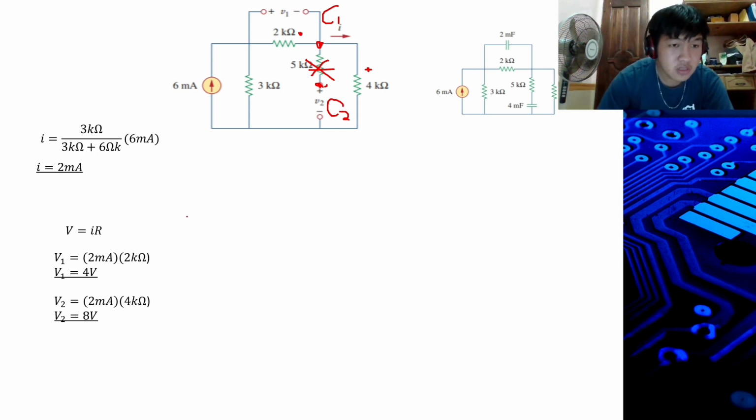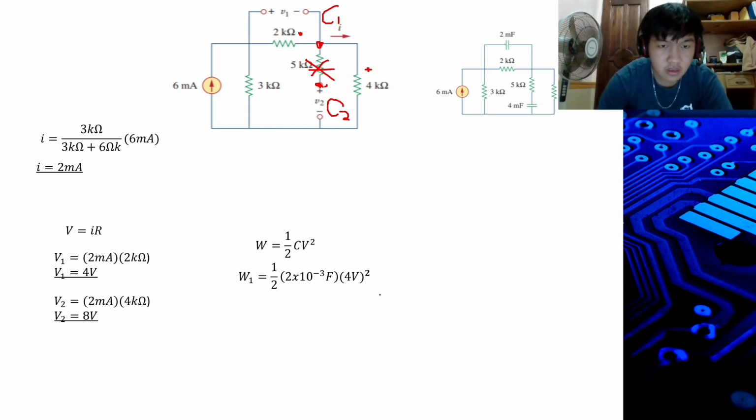Since we now have the capacitance and the voltage across each capacitor, we can use the energy formula. For C1, we get one half of 2 times 10 raised to negative 3 farads times 4 squared, and calculating, we get 16 times 10 raised to negative 3 joules.